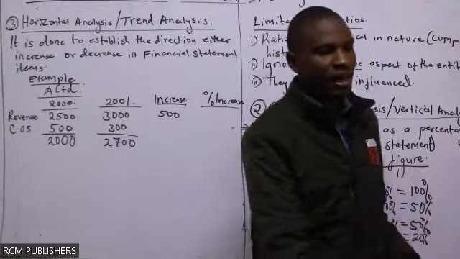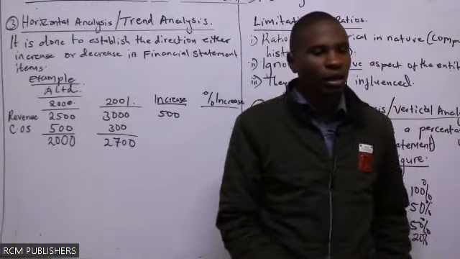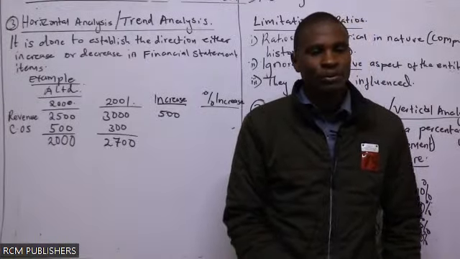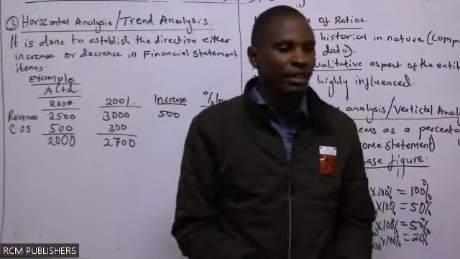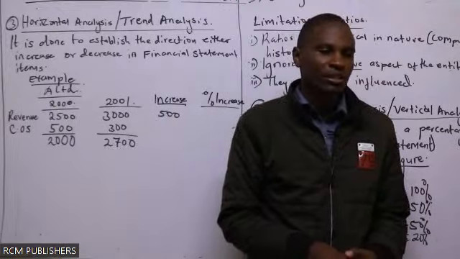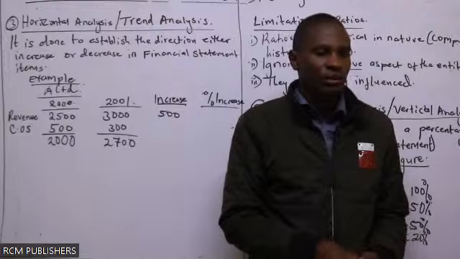Exactly. I would like to get a third person. I don't want people to sleep. I would like a third person to tell us whether you are getting a percentage increase in revenue of 20%.